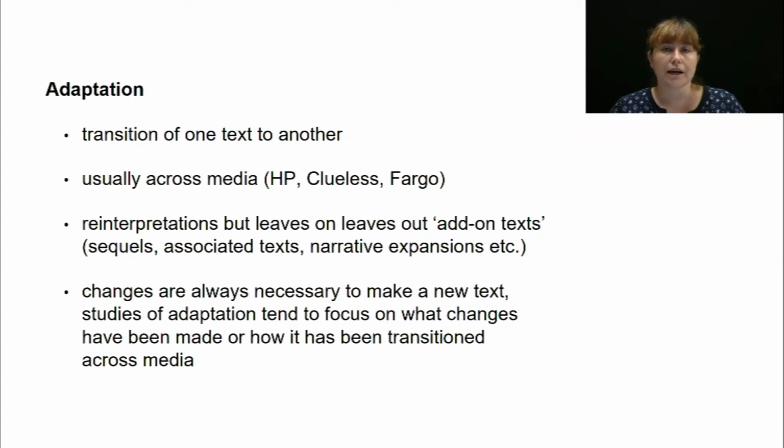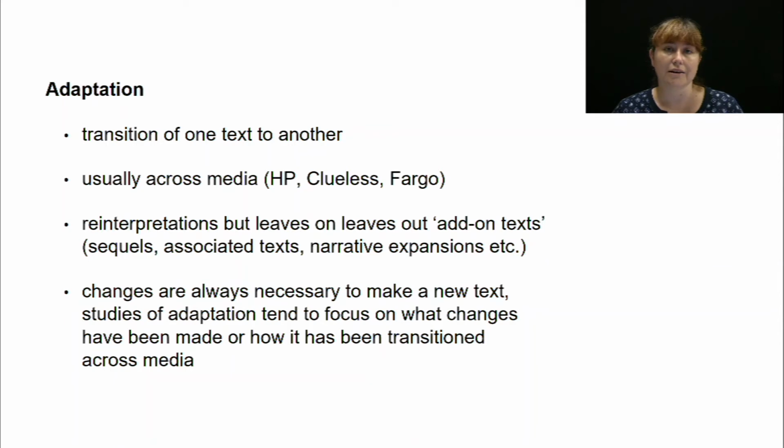So it's important to remember that in order to adapt any text, it's necessary to make changes, otherwise it would be an identical text. This is particularly the case when you are adapting a text from one medium like a novel to a medium like film, because they have different ways of expressing things.